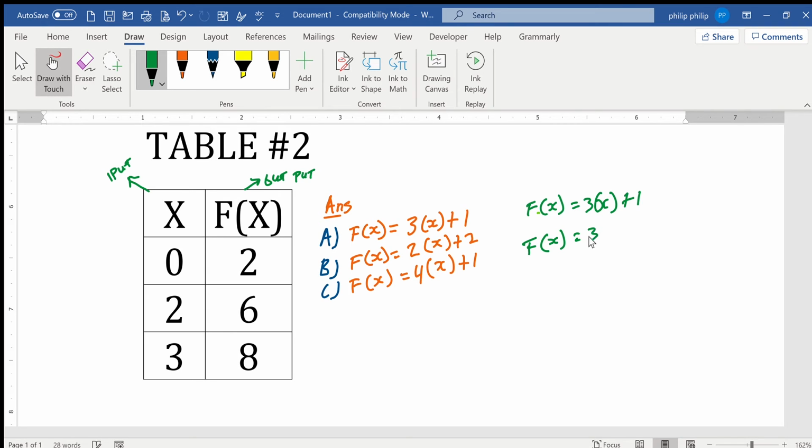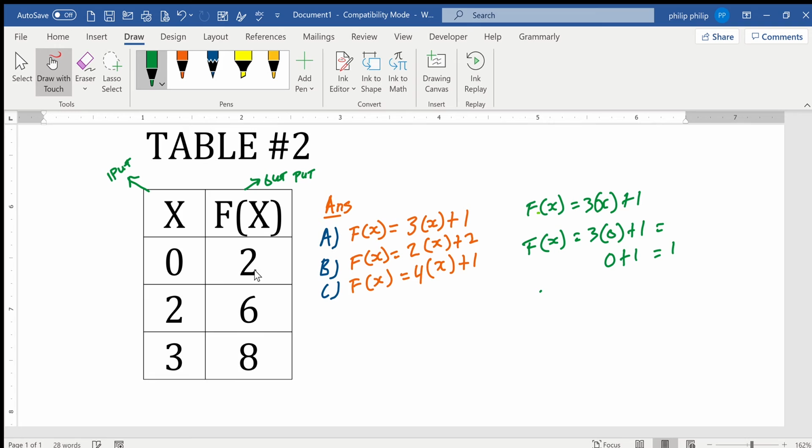So we have 3 times 0 plus 1. This is going to be equal to 3 times 0 is 0. 0 times any number is 0. Okay? Plus 1. This is going to be equal to what? It's just 1. 0 plus any number is that number. 0 times any number is 0. Okay? Remember that. Alright, now let's go to our next.